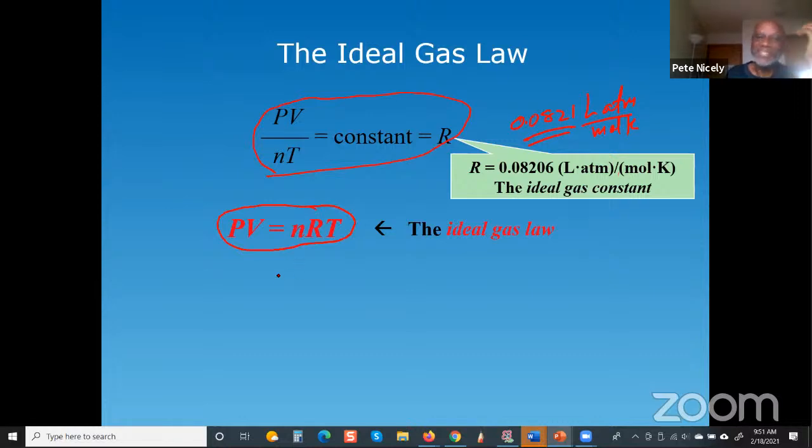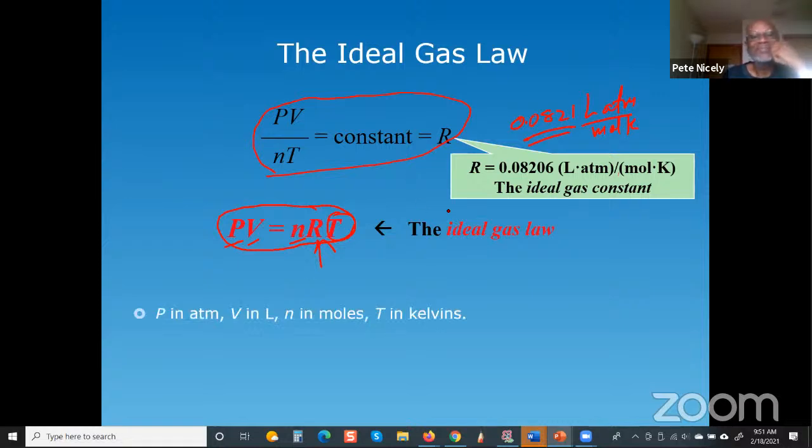It's the same thing. PV is equal to nRT. This equation can be used to find any one of these different variables if you know the other three. Of course, the R here is always going to be a constant. That doesn't change. But if you, for example, know the pressure, volume, and the number of moles, then you can calculate the temperature.